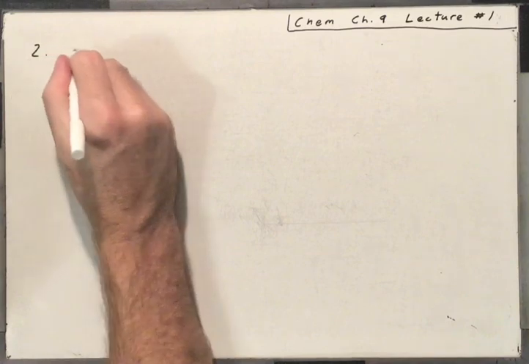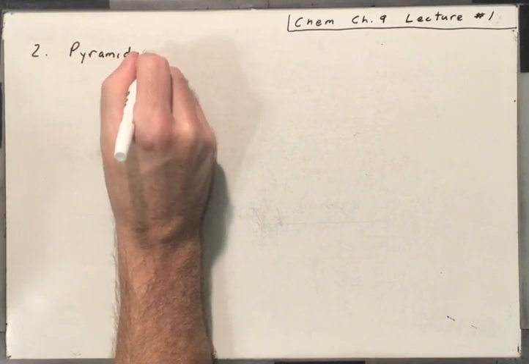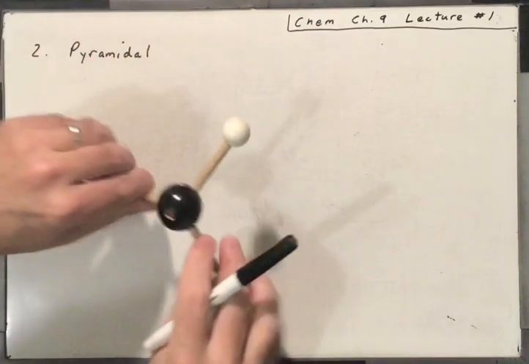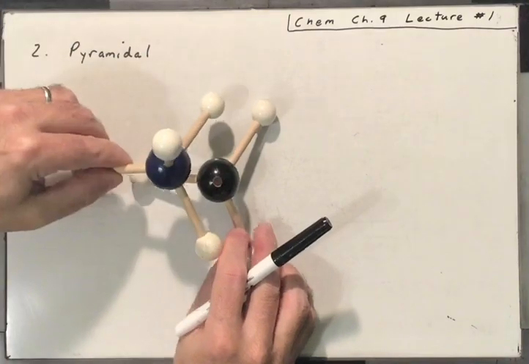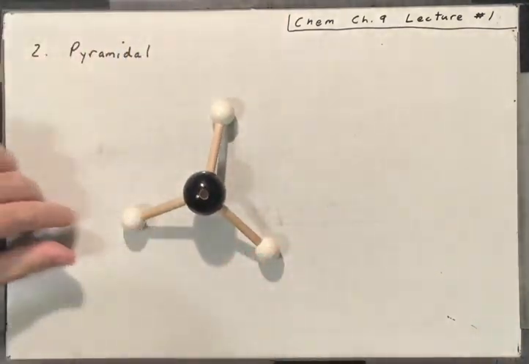Our second shape is the pyramidal shape. So a pyramidal shape, hopefully you can see this, it's like a tetrahedron, but you took the top off. All right, so you end up like this.